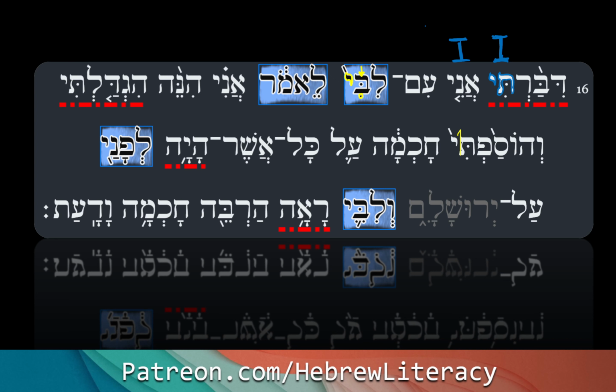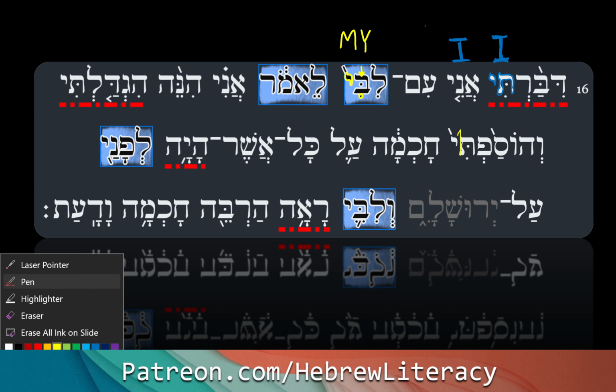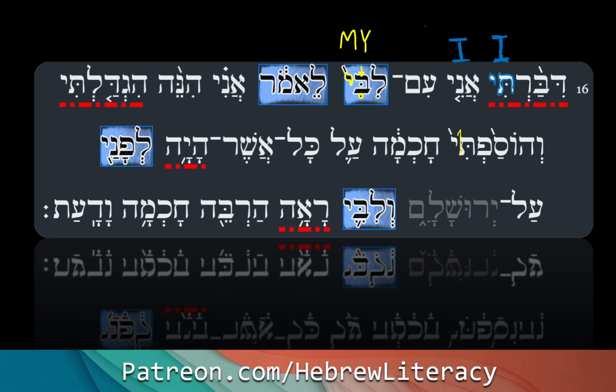They will collapse and you just get a dagesh in one of the letters. So levav became libi, my mind, literally my heart. But in Tanachit, in biblical Hebrew, that means mind. It's easier to draw a heart picture. Equals mind.